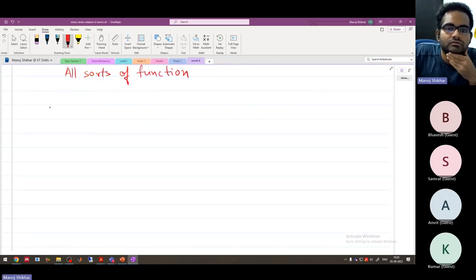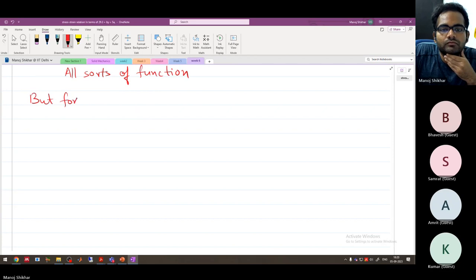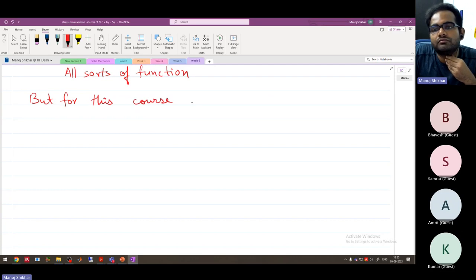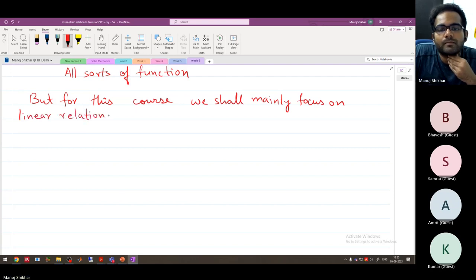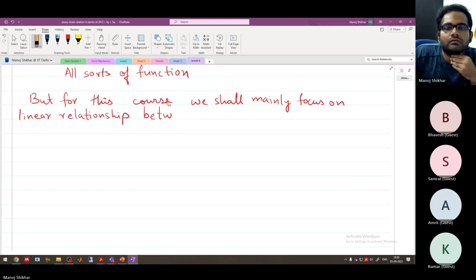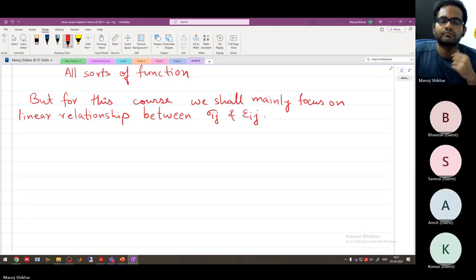But for this course, we shall mainly focus on the linear relationship between sigma ij and epsilon mn.